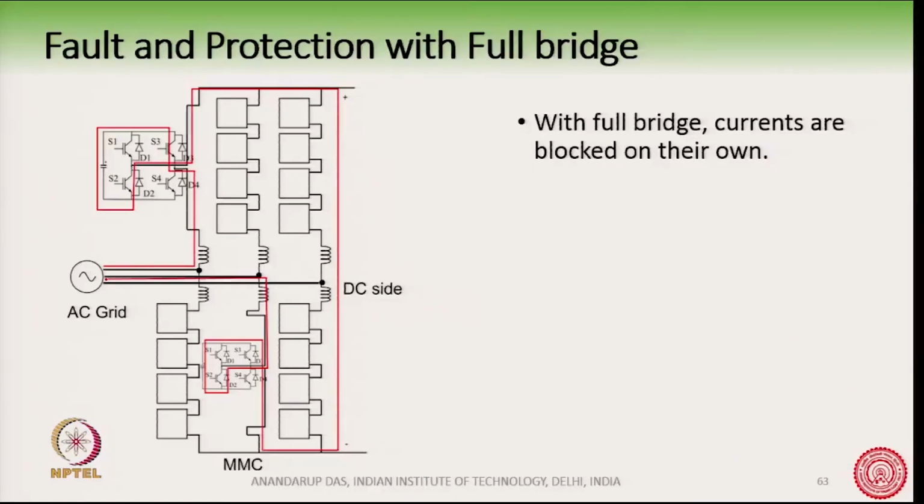So, here also we see that the arm inductors are present in the circuit during fault condition, but additionally all the capacitors in the submodules are present inside the circuit, right.